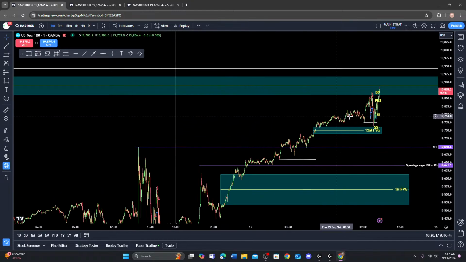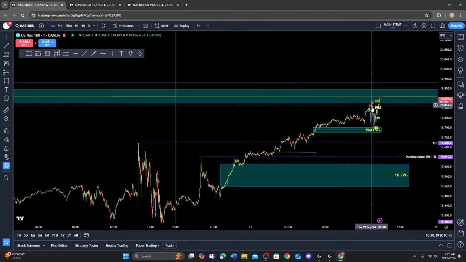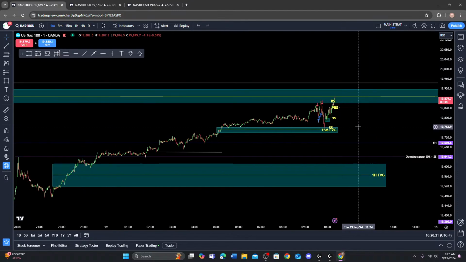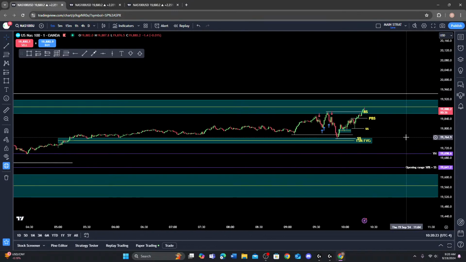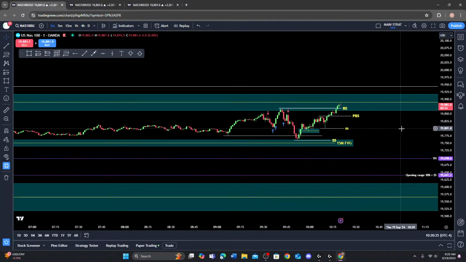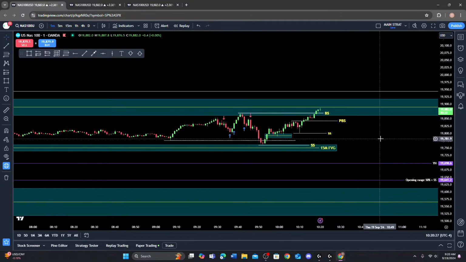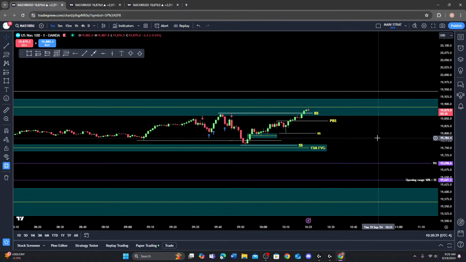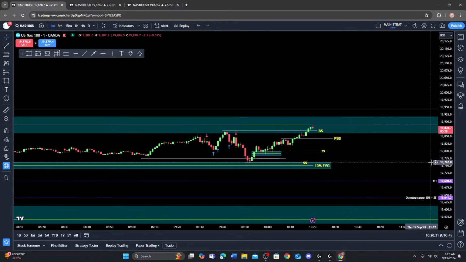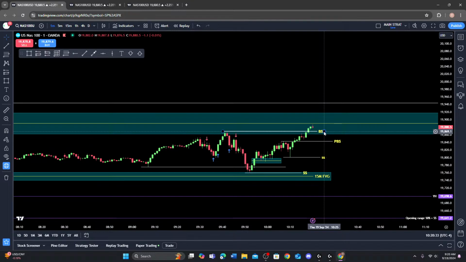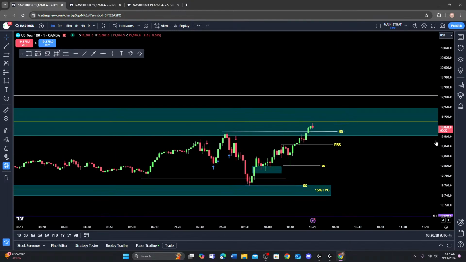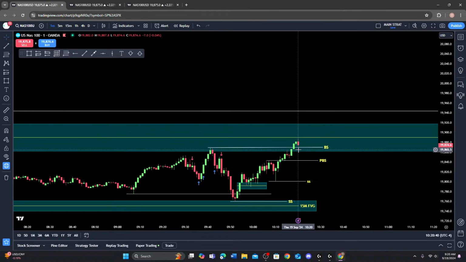As you can see, we did retrace here. So now we'll want this buy side to be left alone. You can see previous buy side.